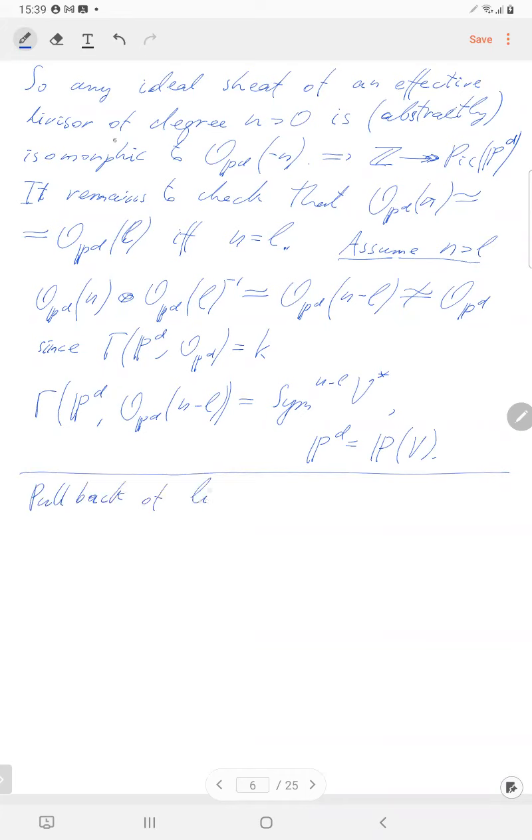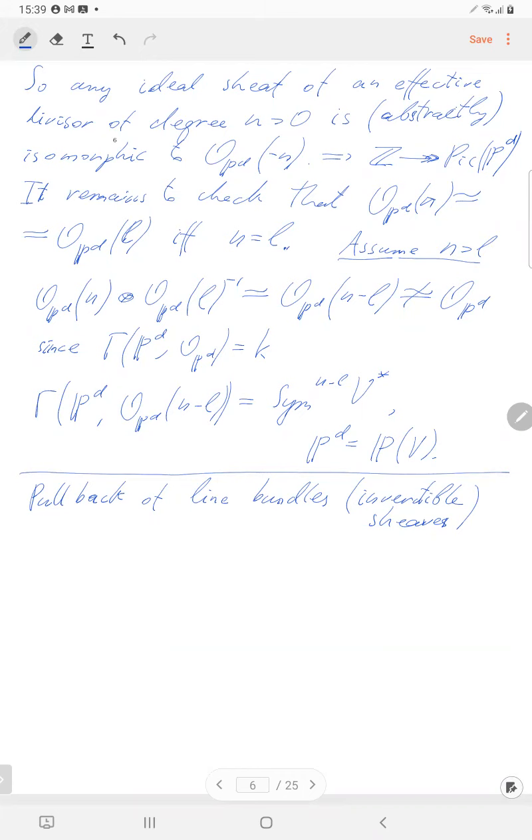Of line bundles or invertible sheaves, since we don't distinguish really between those two notions. And for the pullback, again, I think everybody knows this from the differential geometric intuition.